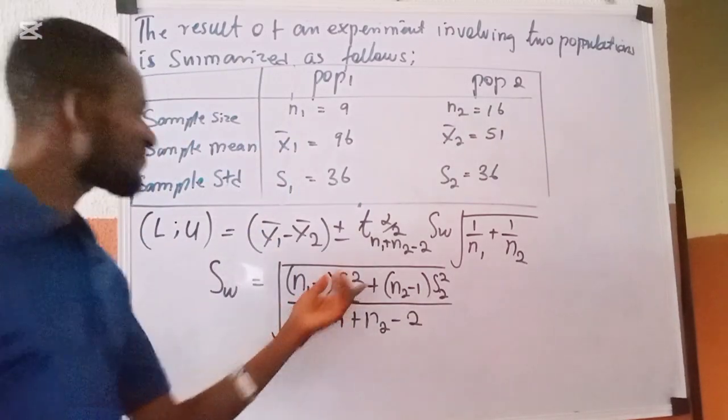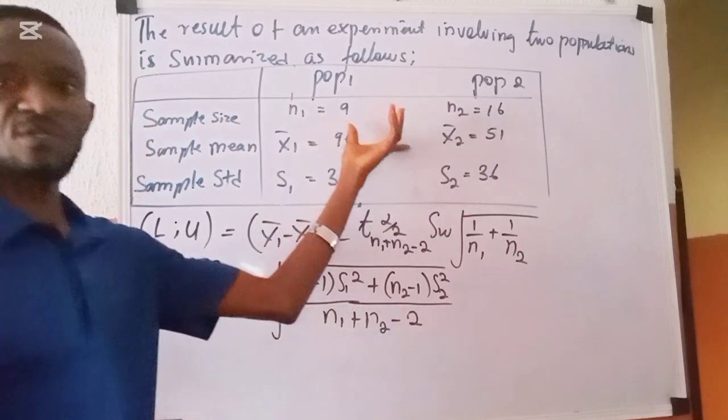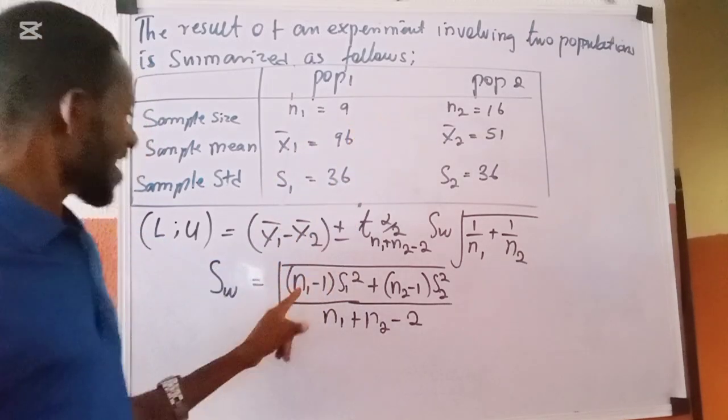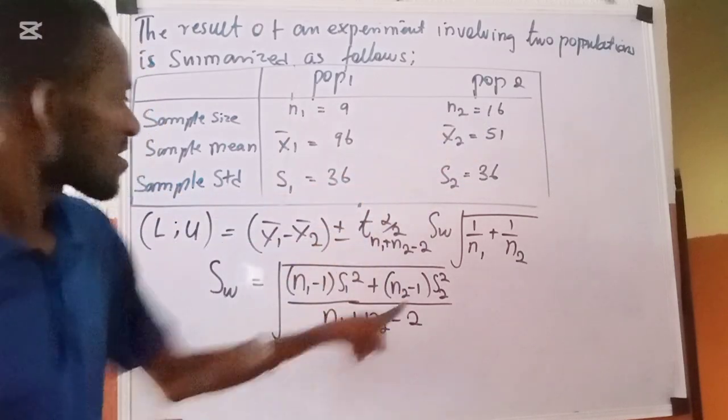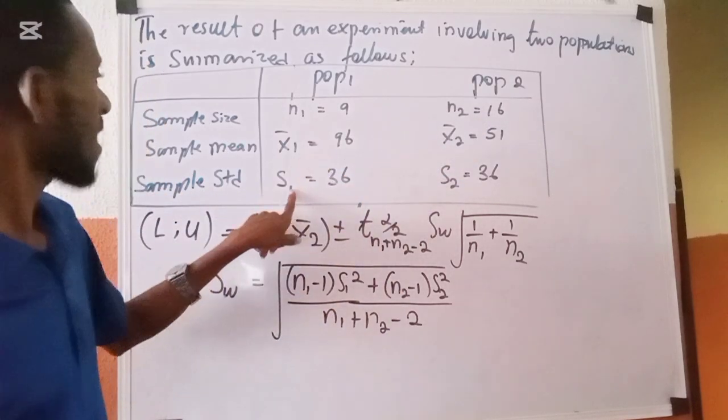There is nothing you are looking for here to estimate S_w that isn't given. n1 is here, n2 is here, S1 squared is here.